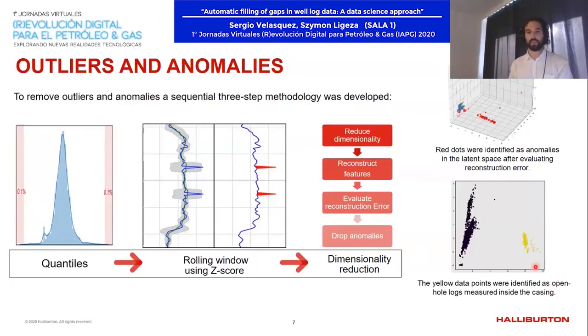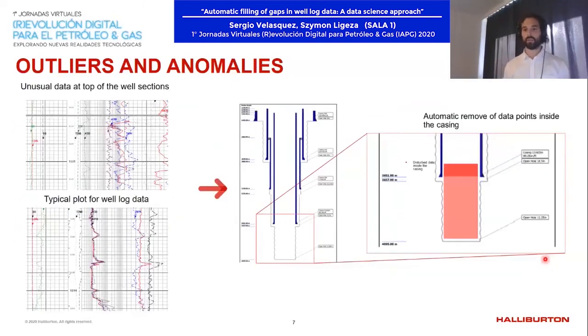So we don't want them. Actually, the ranges where the casing part starts could be obtained from reports, and we did it.